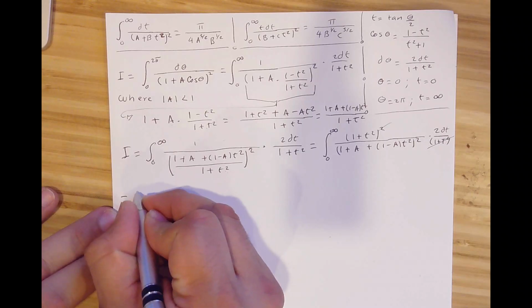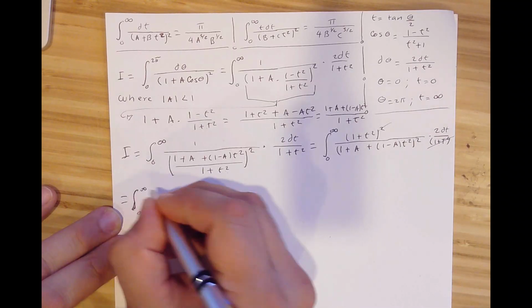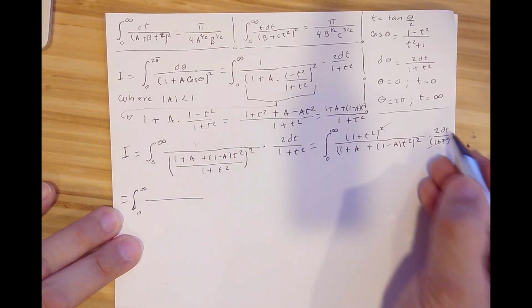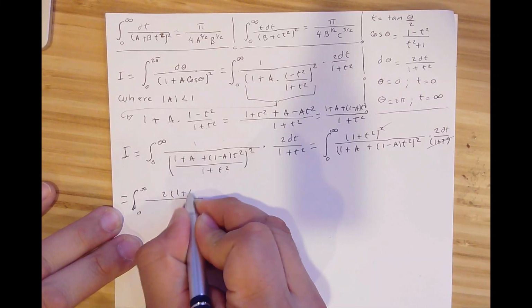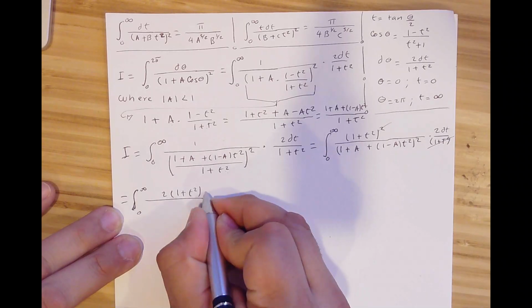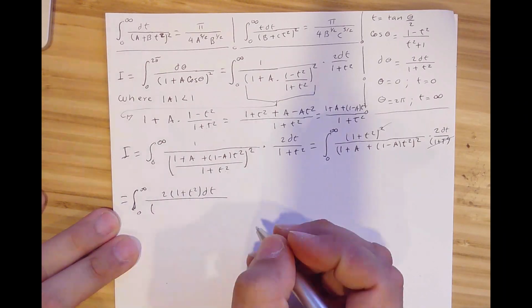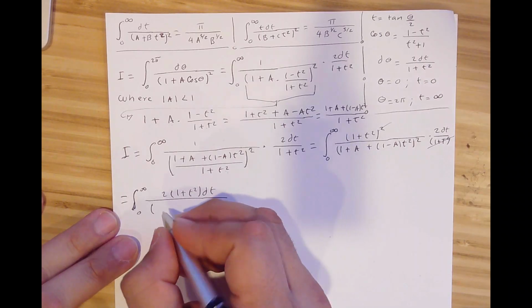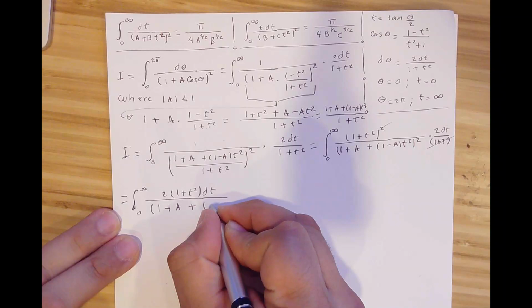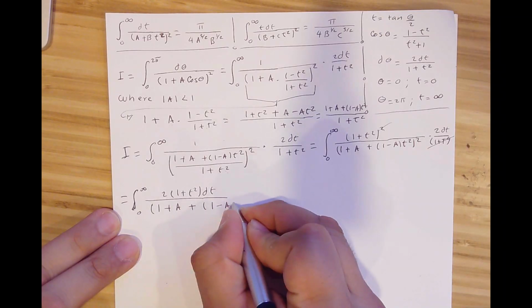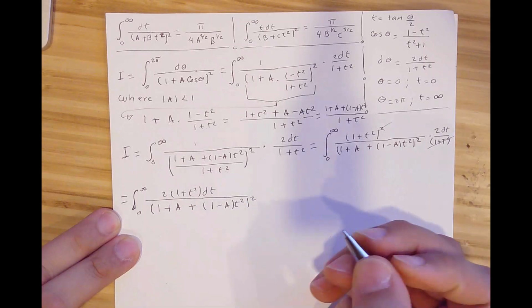We have 0 to infinity of 2 times 1 plus t squared, derivative of t, over 1 plus a plus 1 minus a t squared, squared.